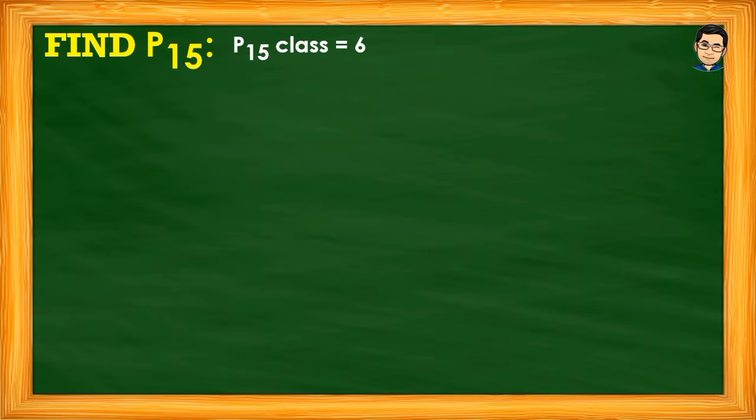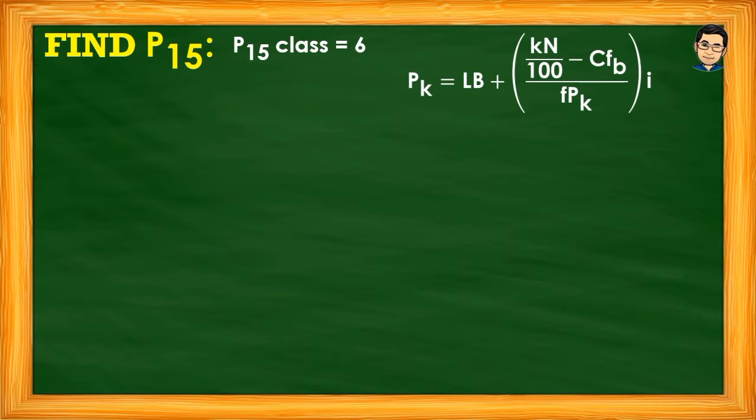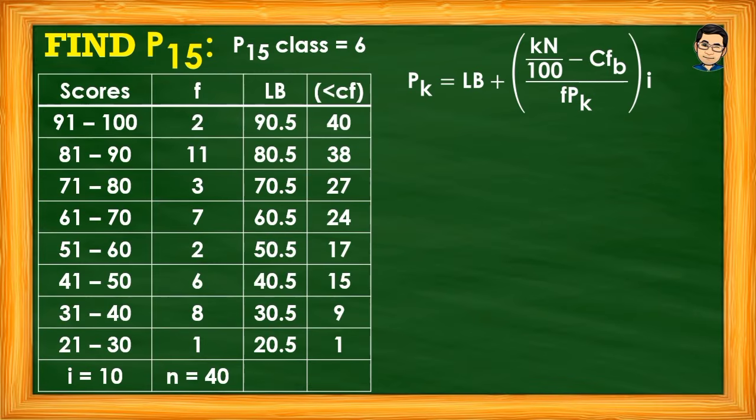Next. So, since identify na natin yung P sub 15 class natin, which is 31 to 40, label lang natin P sub 15 class. So, we are now to apply the formula. So, P sub 15, and then the lower boundary of P sub 15 class is 30.5. Ayan po siya.